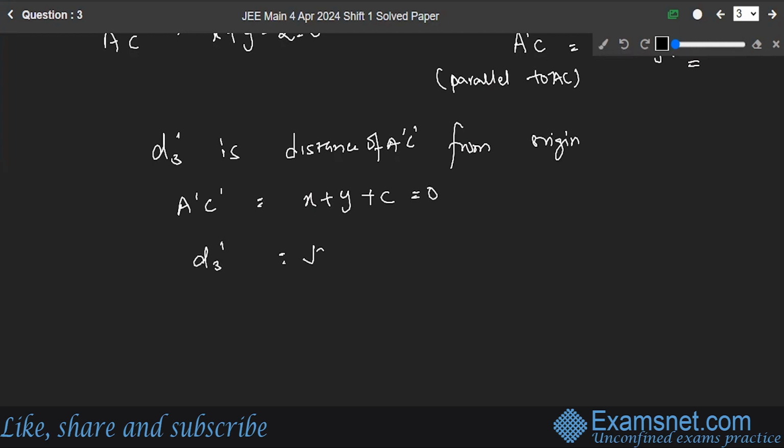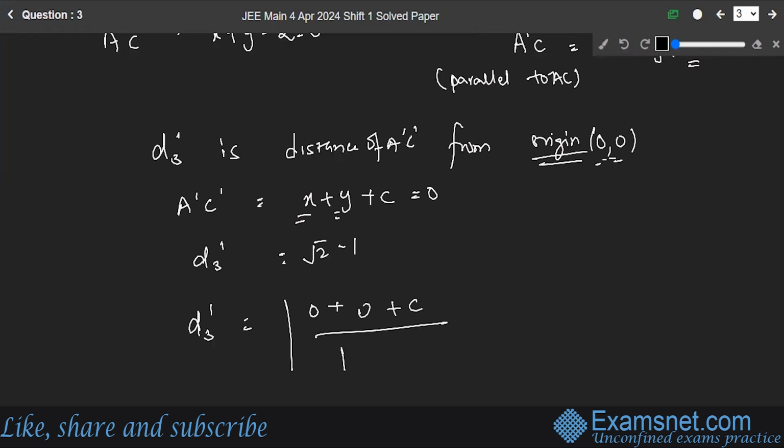D3 dash is equal to root 2 minus 1. Also, D3 dash will be given by, because it is taken from the origin which has coordinates 0, 0, D3 dash will be 1 into 0 plus 1 into 0 plus C divided by root of 1 square plus 1 square, right?